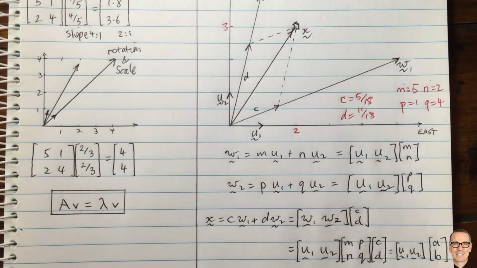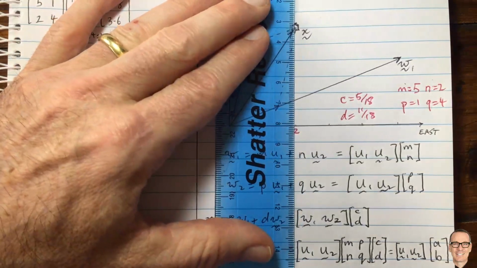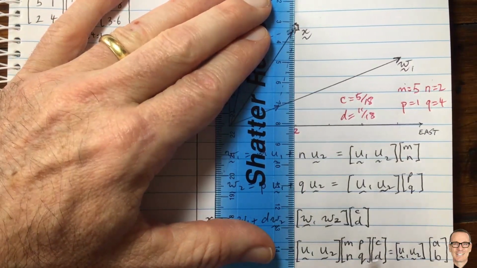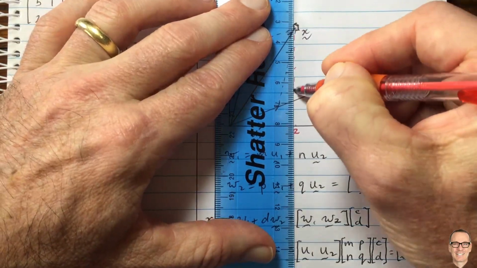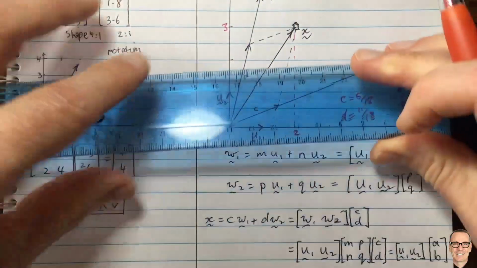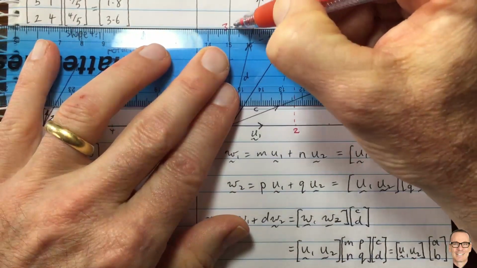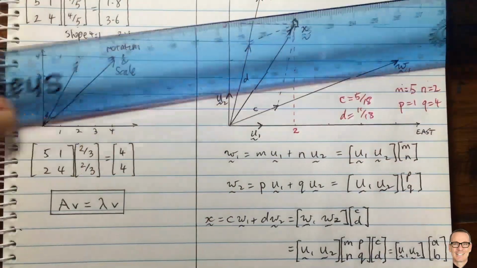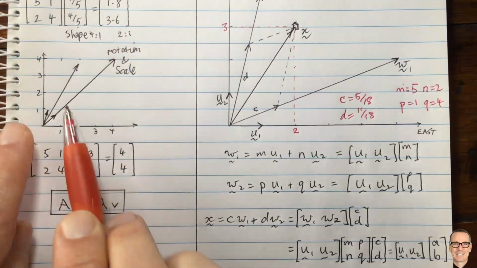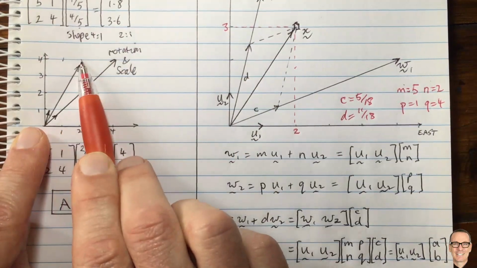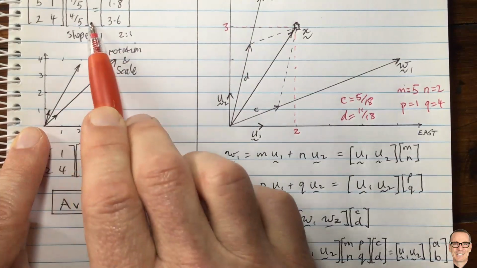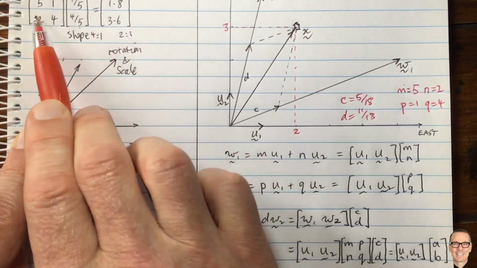So I chose them that way just to make it easy for me to draw, but in general, this holds for any m, n, p, q, c, and d. I've drawn it this way just so that we can visualize it more easily. Okay, so as I said before, over here on this side, we looked at this from the perspective of changing the point and seeing whether it rotated as you go through this transform.